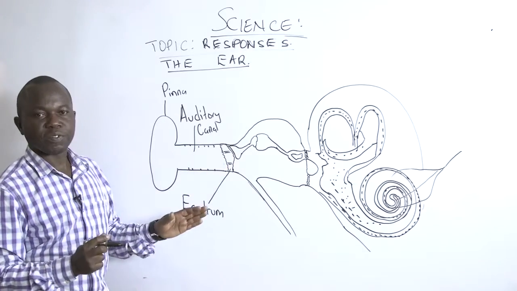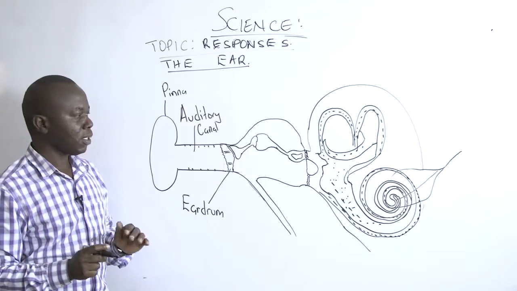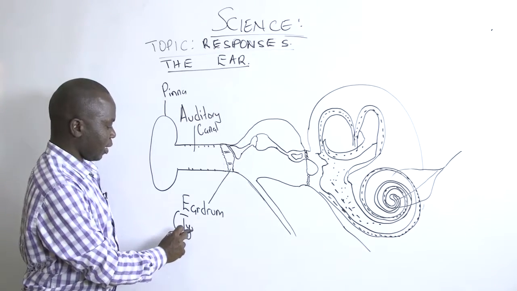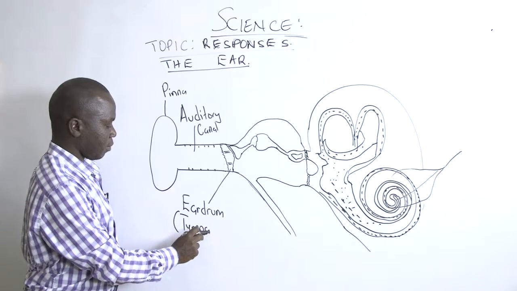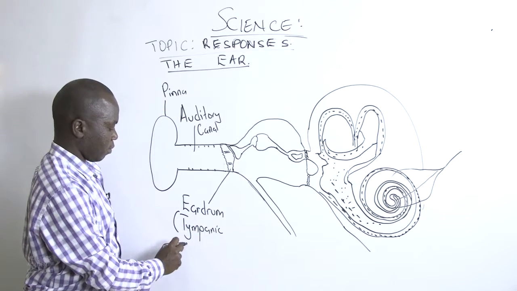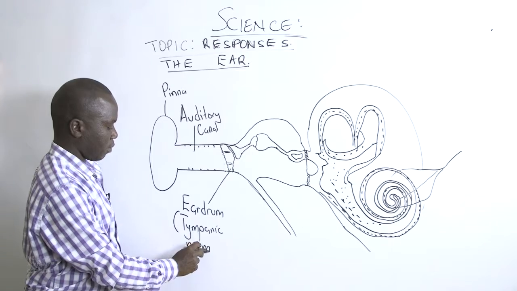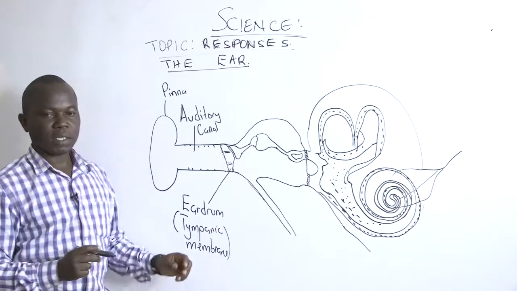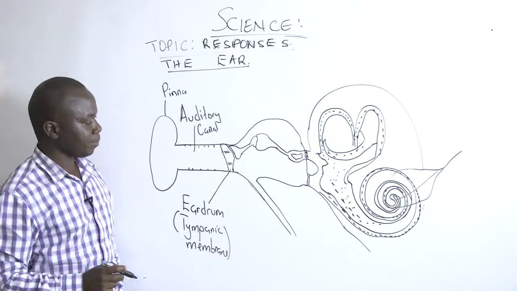Eardrum is part of the ear called the middle ear. Another name is tympanic membrane. We shall also find out the roles of the tympanic membrane.